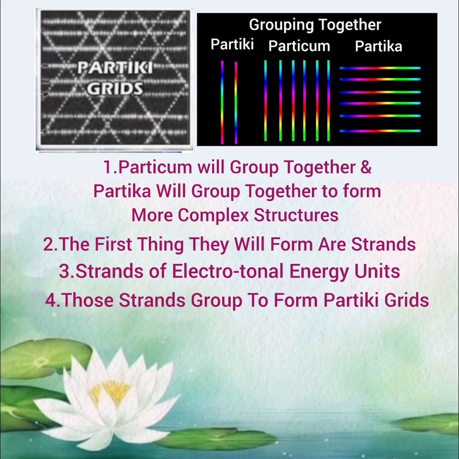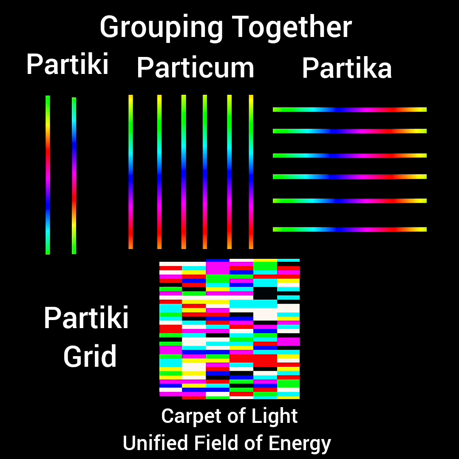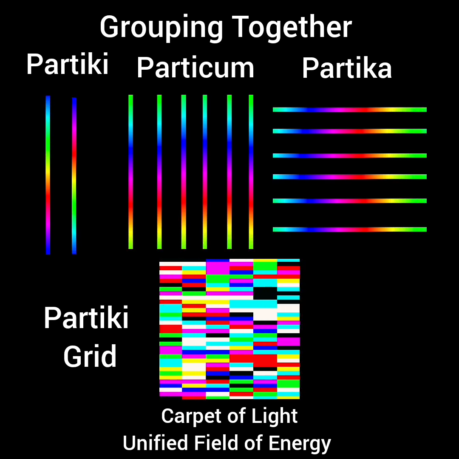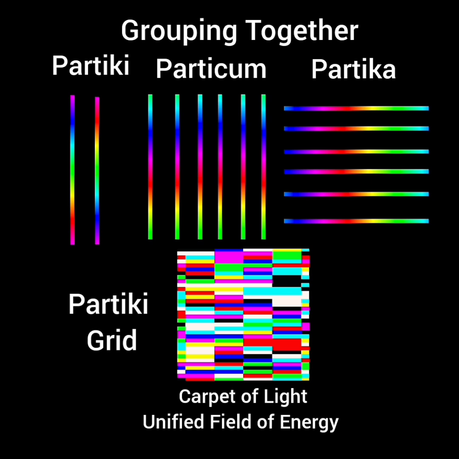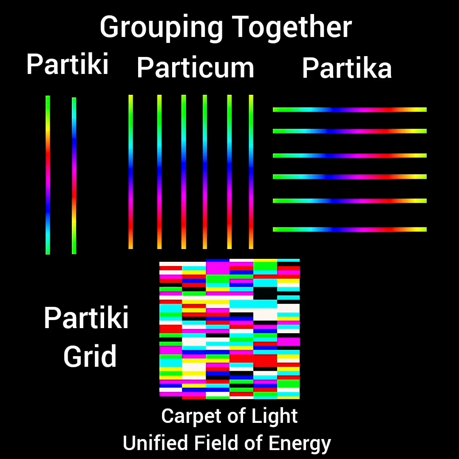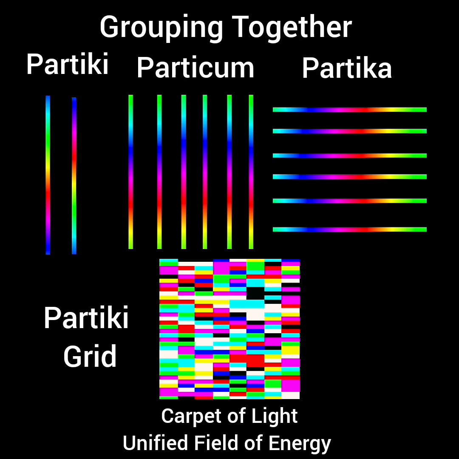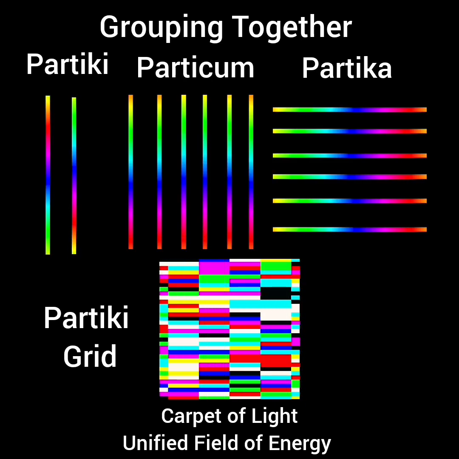That means partiki units will group together, particum units will group together, and the partike will group together to form more complex structures. So the first thing they form is strands. As you can see here, we can see the partiki strands, the particum strands and the partike strands.